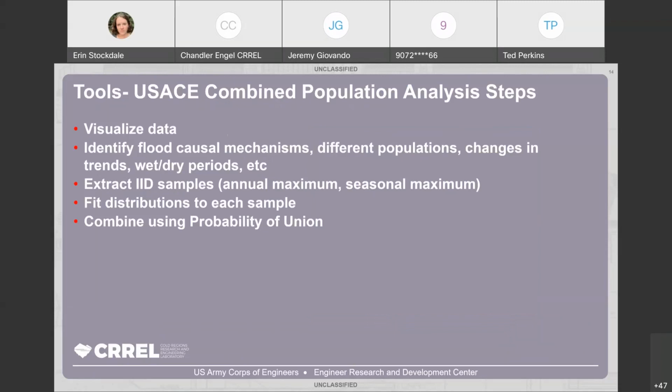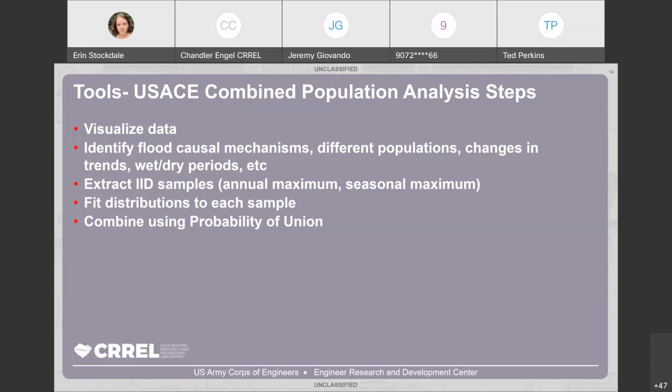So in the HEC tool for SSP, they talk about combined population analysis steps. These steps generally include visualizing the data, which I think is a good step for any analysis. You want to look at the flood causal mechanisms for different populations, because the underlying statistical frequency assumption is that you have independent and identically distributed samples.